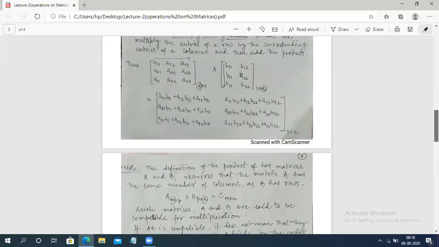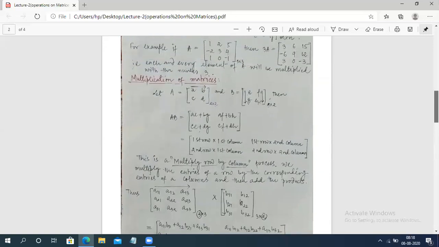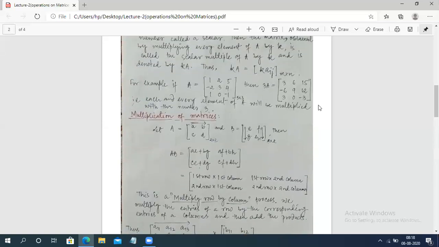Now let us see what is the rule of multiplication, how we multiply any two matrices. For example, take a matrix A of order 2 by 2. Suppose these elements are a, b, c, d. We are going to multiply this matrix A with another matrix B of the same order, that is 2 by 2.